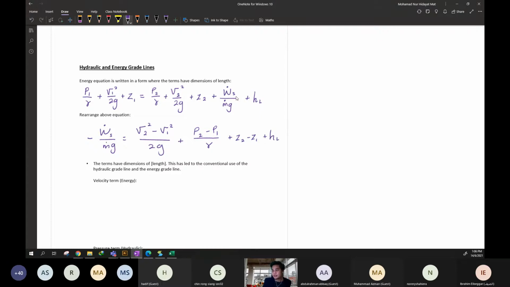All these we move to the right and the work of the shaft we move to the left. You can see that the terms have dimensions of length.